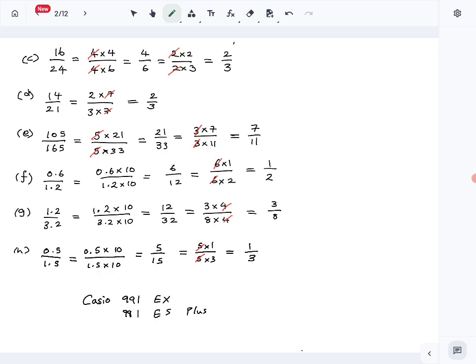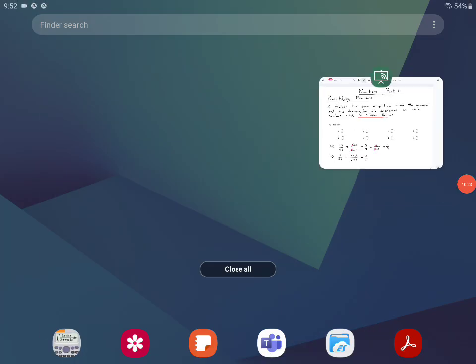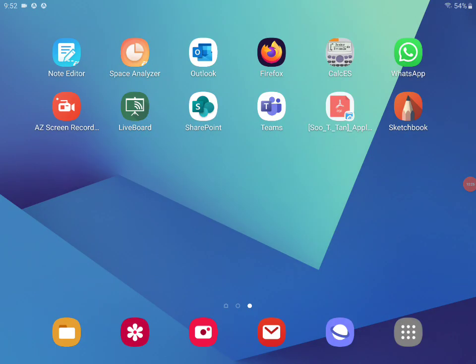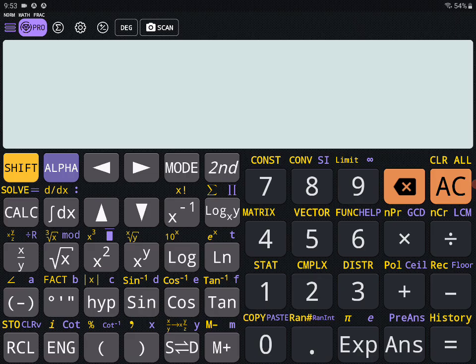So let's do this question using the calculator also to see how to do that, right? So part A of the question was what? We wanted to find 15 over 45, right? So 15 over 45.